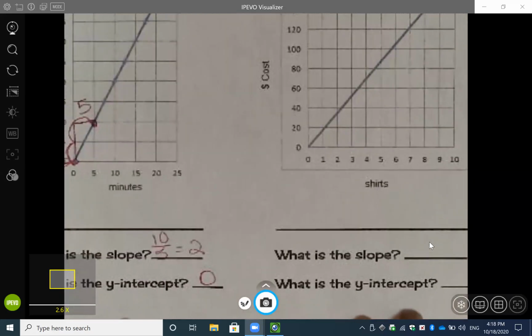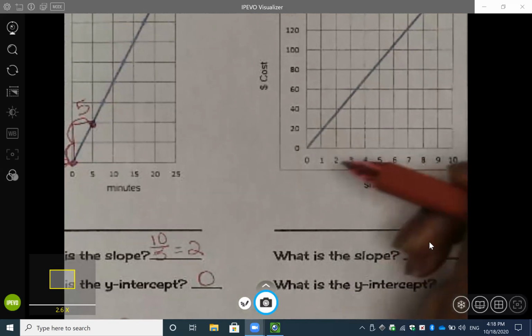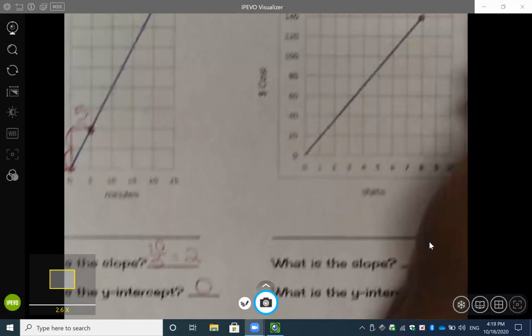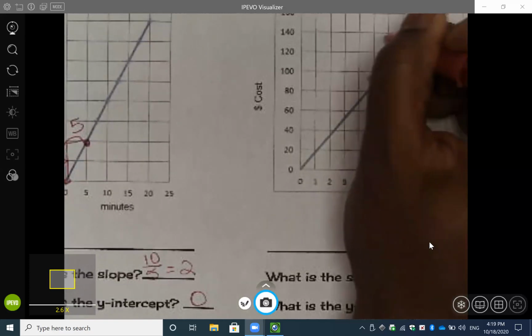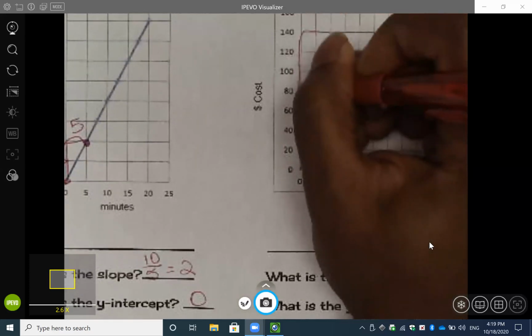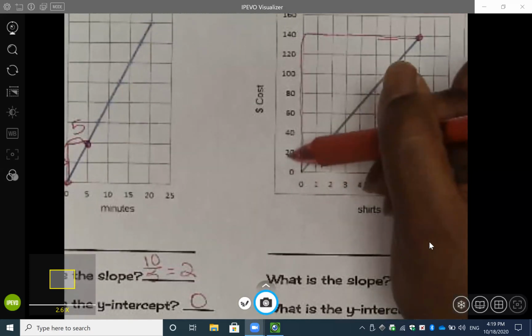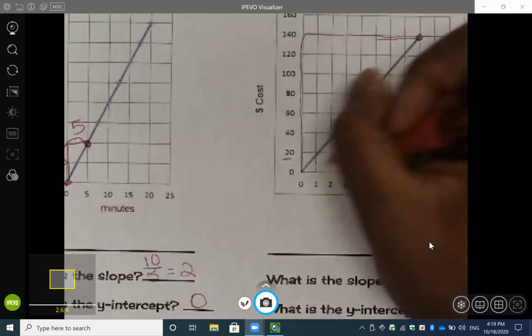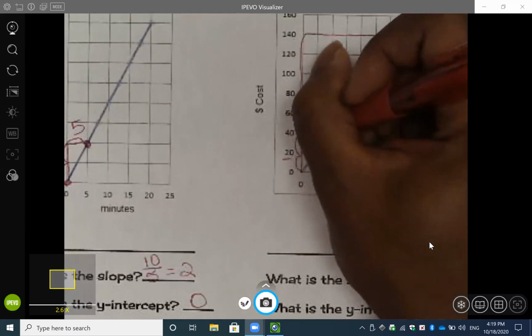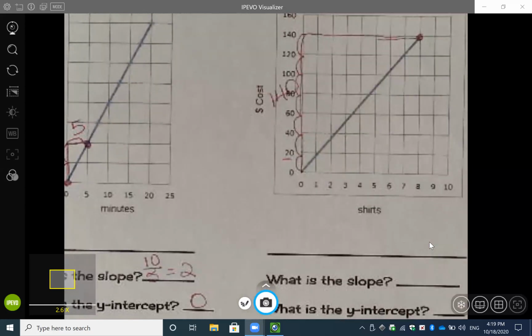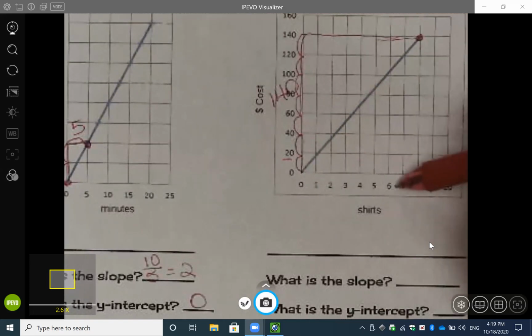Next, I'm going to find where I can put my next point, which happens to be all the way up here. So I'm going to create my right triangle. I'm going to count my rise and my run. My rise is counting by 20s. So I'm going to go 20, 40, 60, 80, 100, 120, 140. So I rose 140. My run is counting by ones.